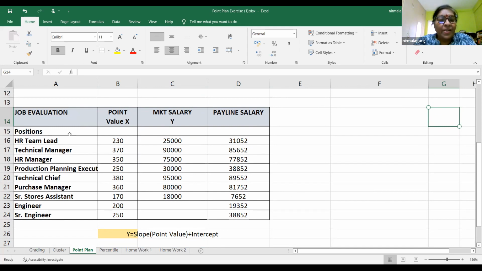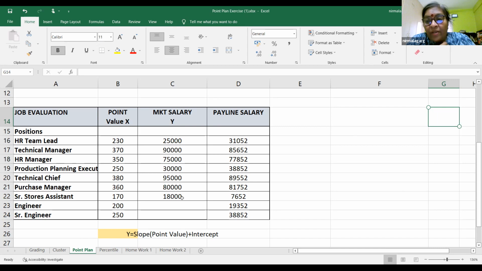These are the positions I've taken from a case study, actual real work done. So these are the points assigned based on the job description, and this is the market salary. Done. Now what evaluation are we doing?